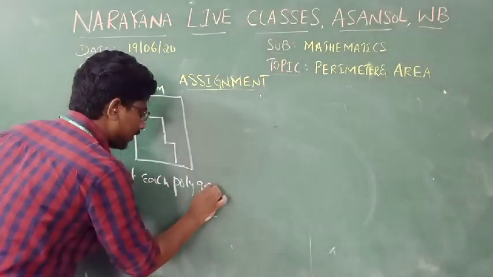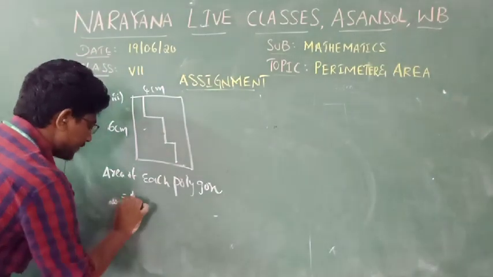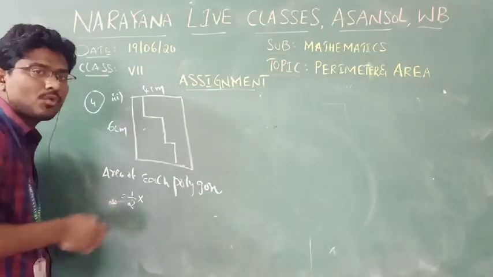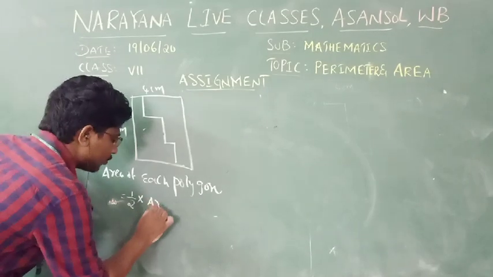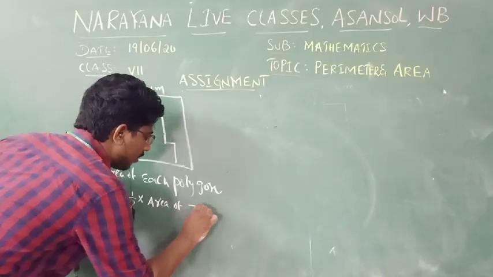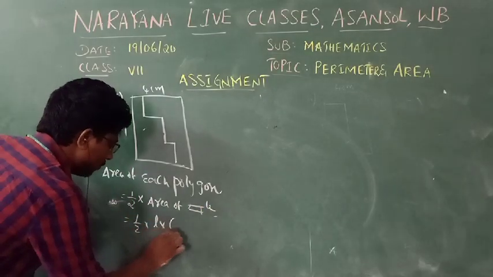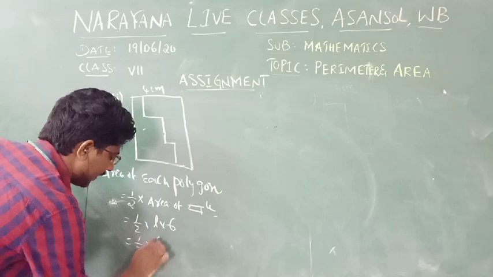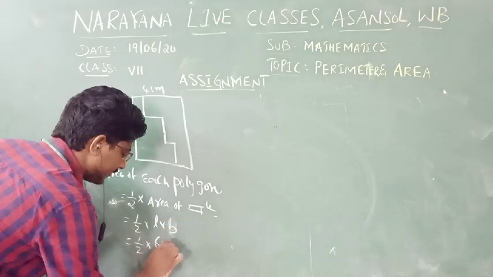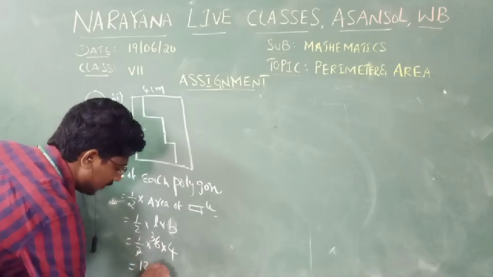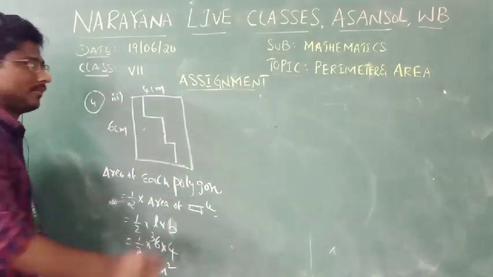Area of each polygon is 1 by 2 into area of rectangle. Why 1 by 2? Because there are 2 equal parts. 1 by 2 into length into breadth, length is 6, breadth is 4. 2 ones are 2, 2 threes are 3, that is 12 centimeter square.